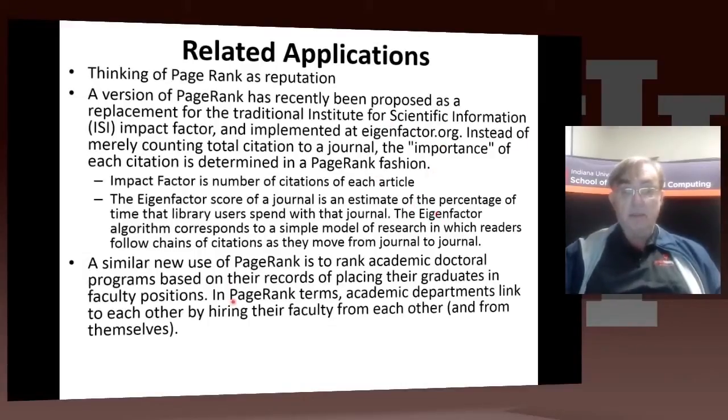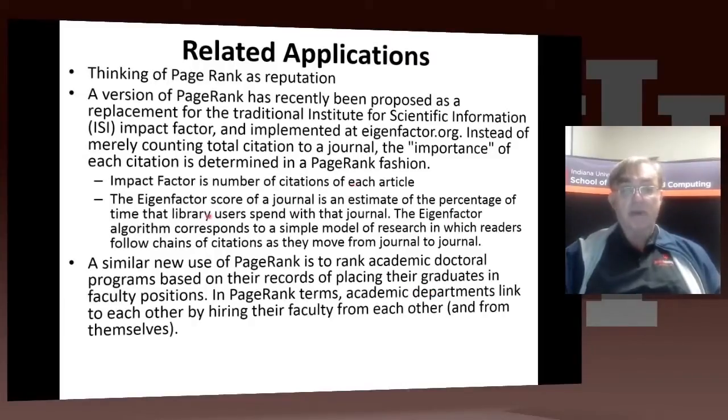Another similar example, which has been used, is to rank essentially universities or research programs, and you again link people together by seeing which universities place students in other universities.